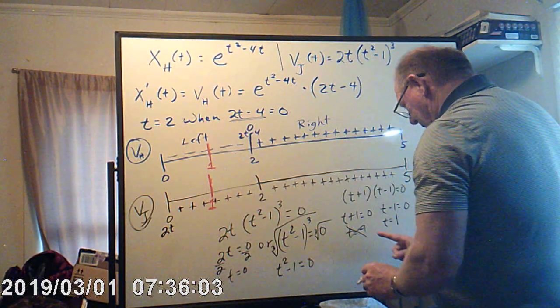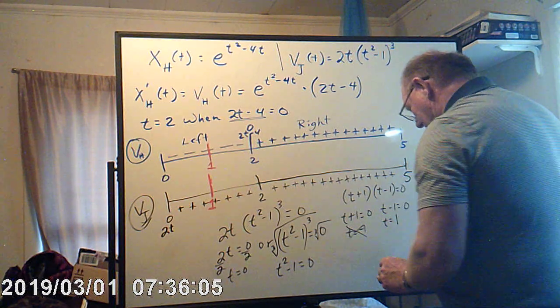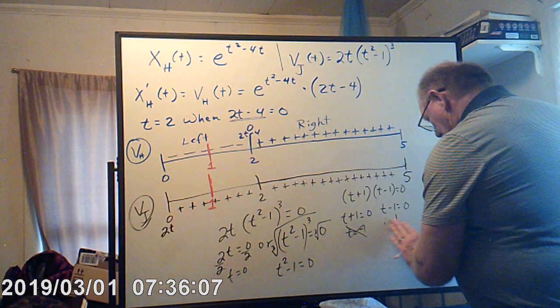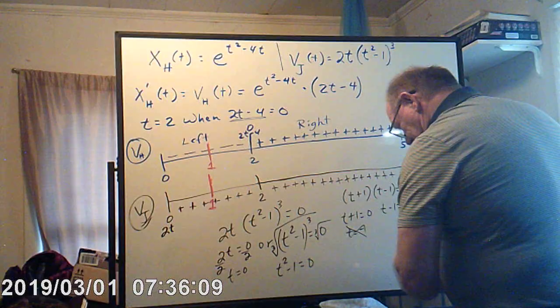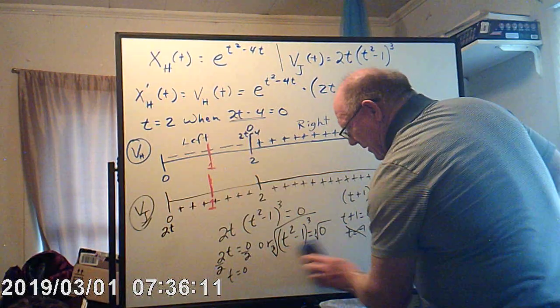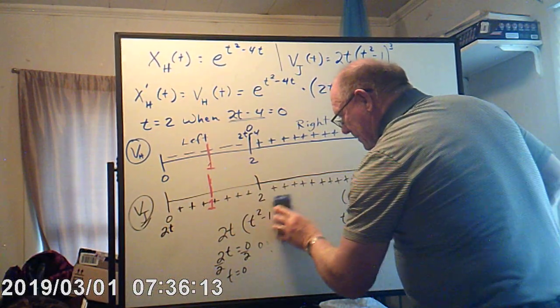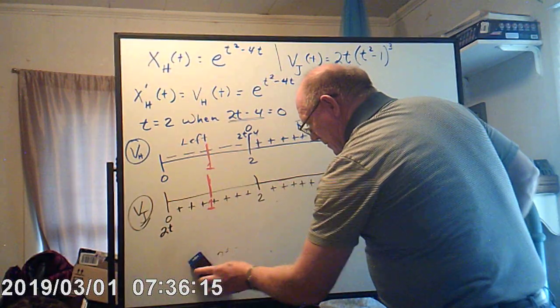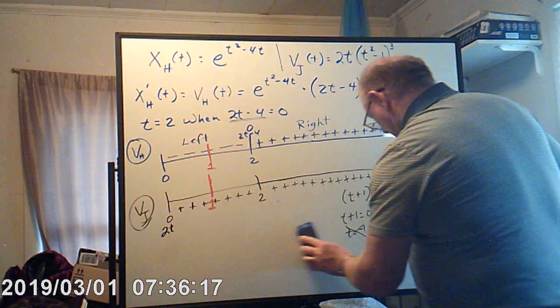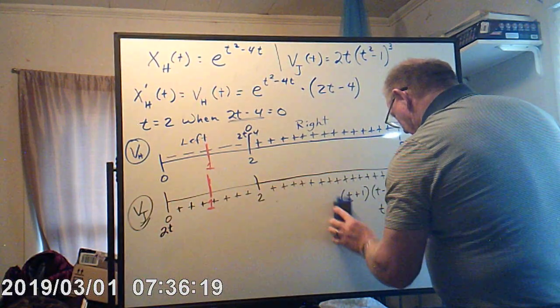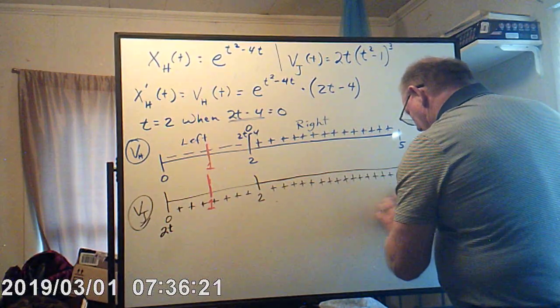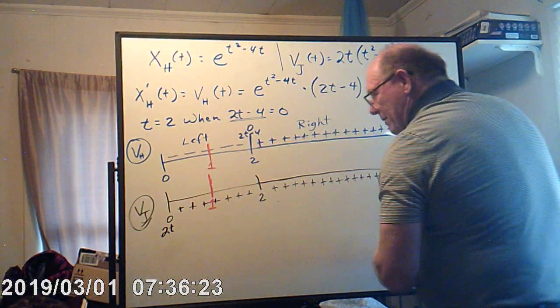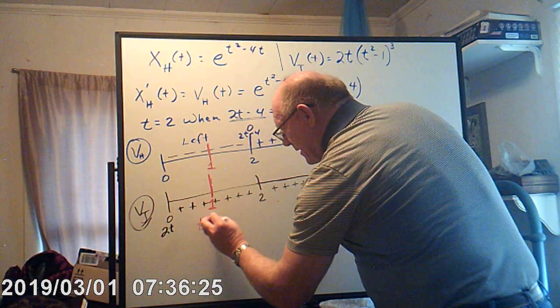Let's just concentrate on t minus 1. I'm going to erase the arithmetic here once again. We're down to just t minus 1, really. I'm just going to erase all this. So right here, t minus 1.